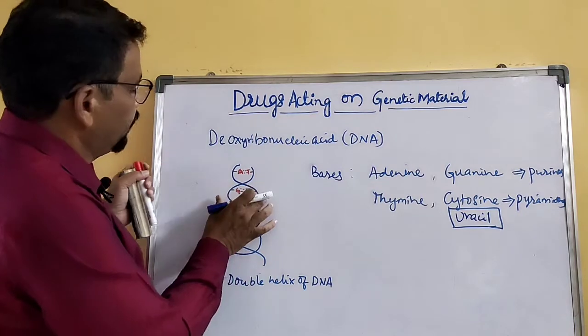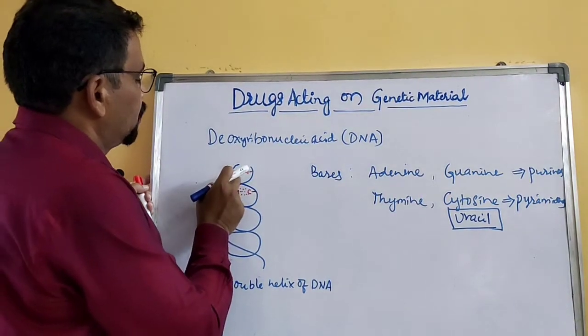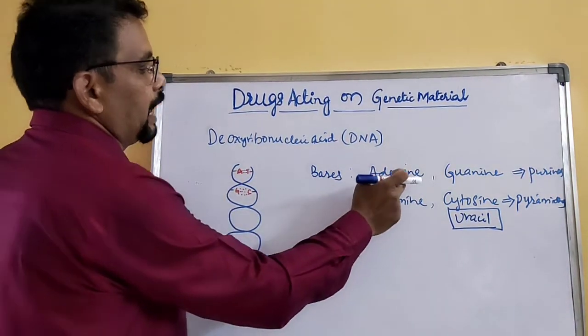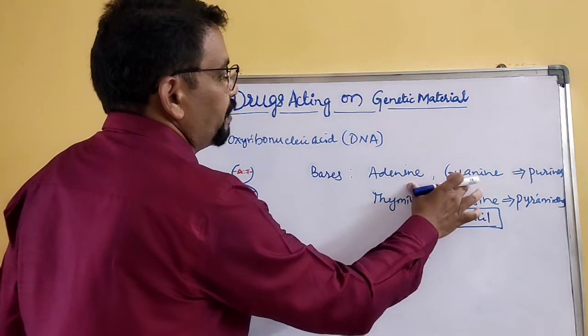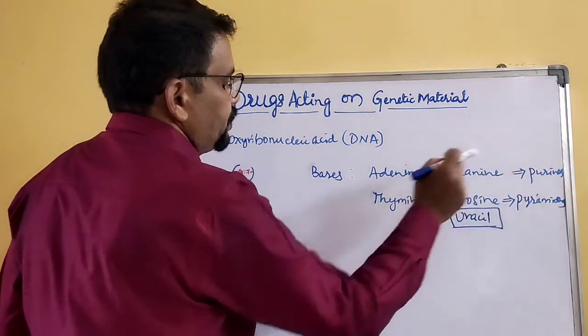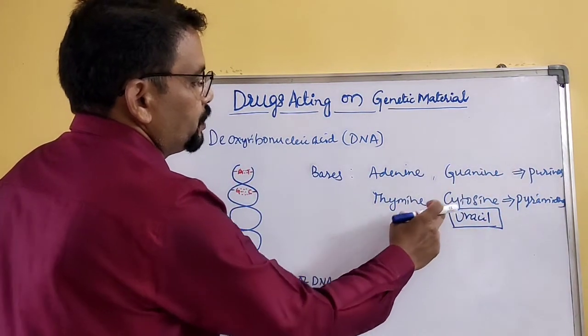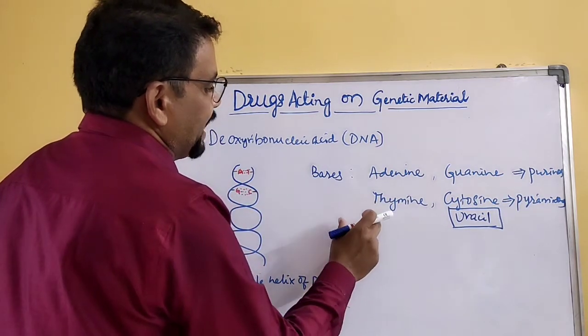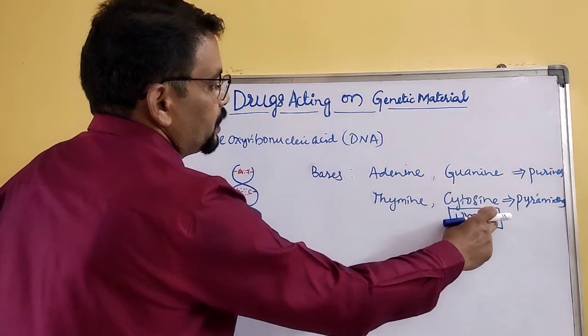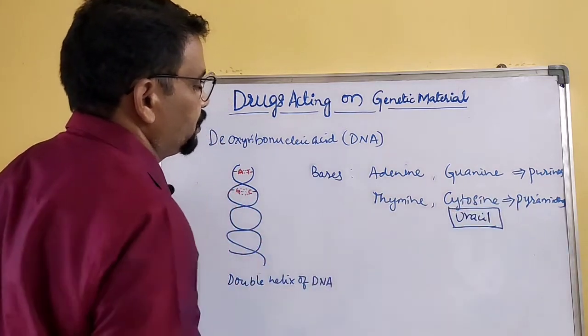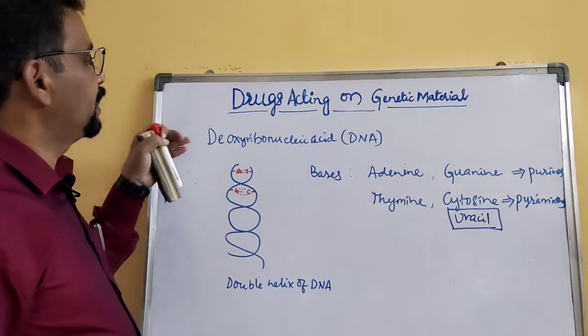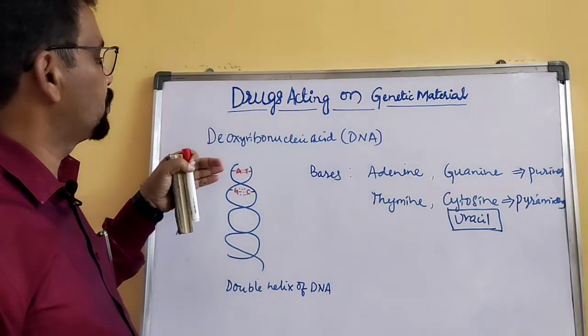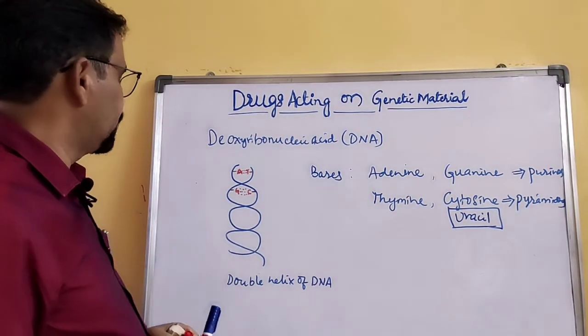So in between it has bases like adenine and guanine, both called purines, and thymine and cytosine, both called pyrimidines. In the case of RNA, uracil is present, but in DNA, deoxyribonucleic acid, uracil will not be there.